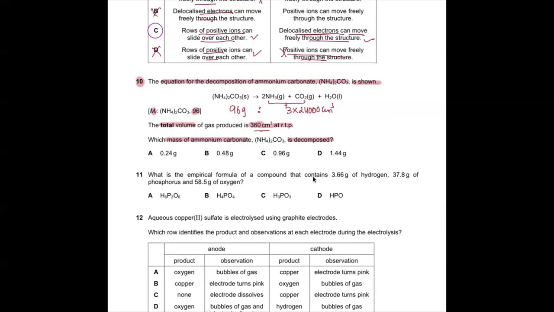So now, if 360 cm³ of gases has been formed, then how much mass of this? So the value of X is going to be 96 times 360 over 3 times 24,000.